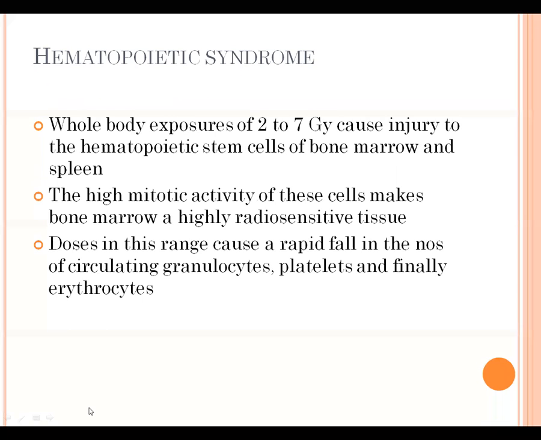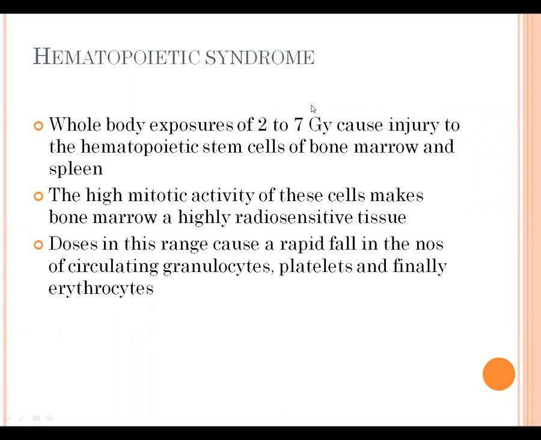Then the hematopoietic syndrome that I told about. When the body is exposed to 2 to 7 grays, it causes injury to hematopoietic stem cells of the bone marrow or the spleen. Hematopoietic cells you will see in the bone marrow and the spleen, although you will find there is formation of RBCs in the bone marrow.